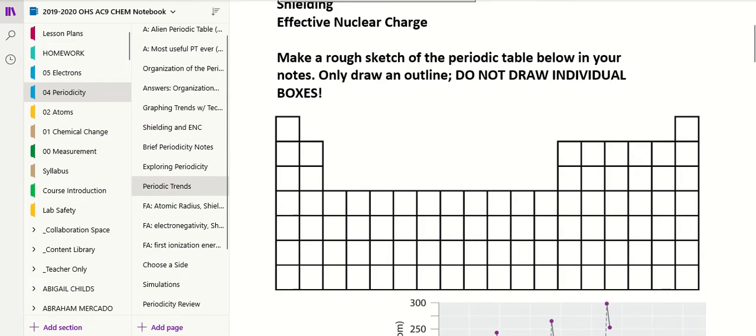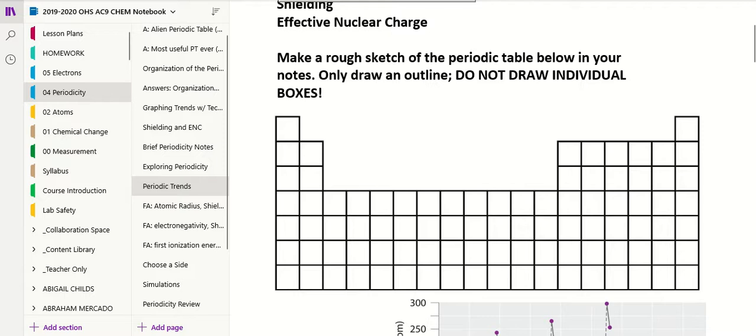So here's your periodic table, right? You guys have a sketch of this? So if we talk about shielding, where does shielding increase? The groups, but in particular, what direction does it increase? Going down a group.